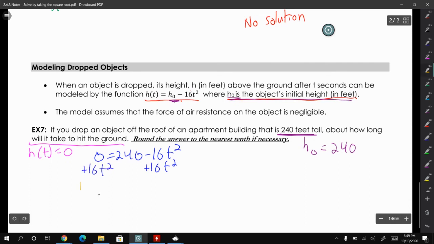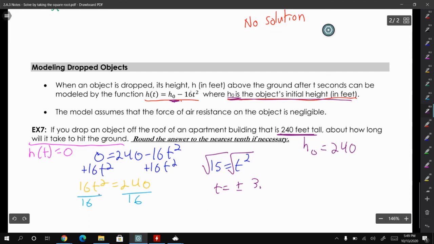So we get 16t squared equals 240. We'll divide both sides by 16. We get 15 equals t squared. And then we take the square root, we'll get t equals plus or minus 3.87.